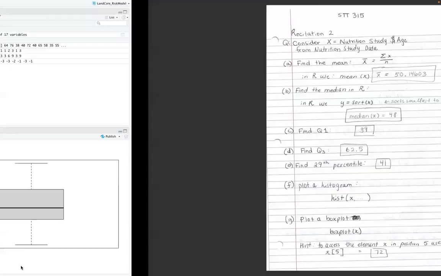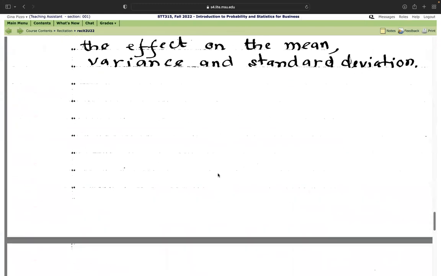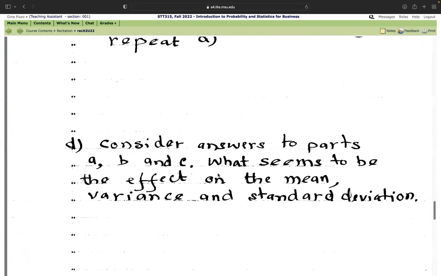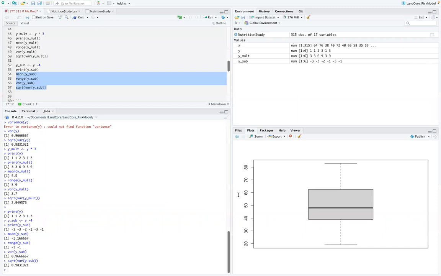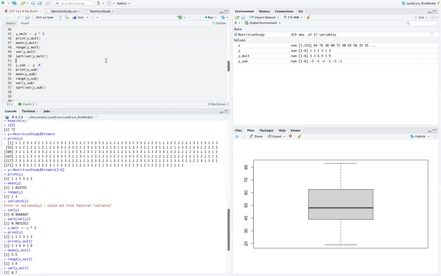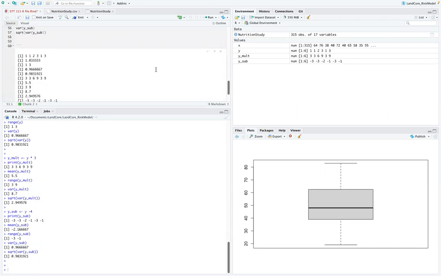Okay. So now the next thing in the activity states, okay, so consider the answers to parts A, B, and C. What seems to be the effect on the mean, variance, and standard deviation? So if you notice, let me see, if I run this, it might make it more concise looking here.